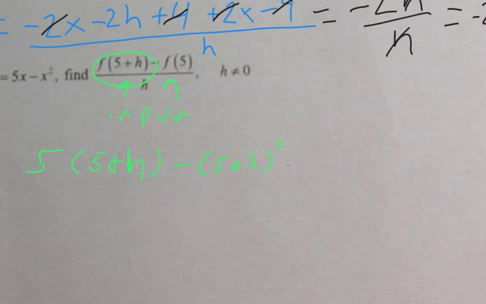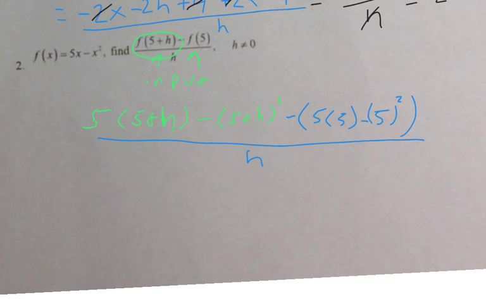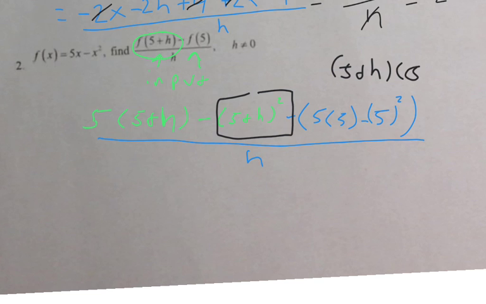Now my second input: minus parenthesis 5 times 5, minus 5 squared, all over h. So now remember, right here we have 5 plus h squared, which can just be written as 5 plus h times 5 plus h.